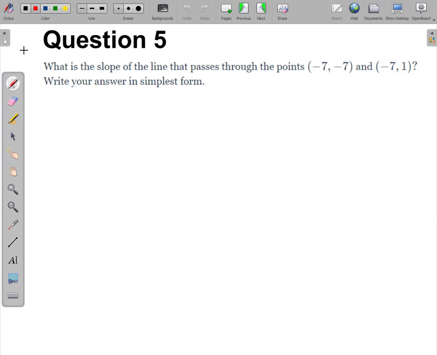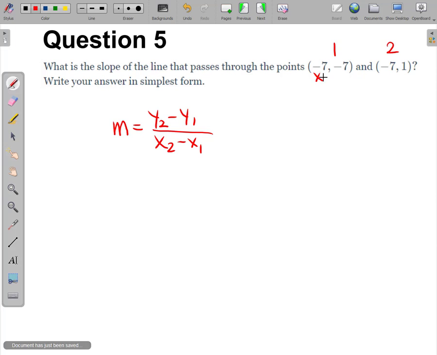Example 5. Again, we're using the formula for slope. m is equal to y sub 2 minus y sub 1 over x sub 2 minus x sub 1. I'm going to label that one point 1, and I'll label this point 2. So x sub 1, y sub 1, x sub 2, y sub 2.